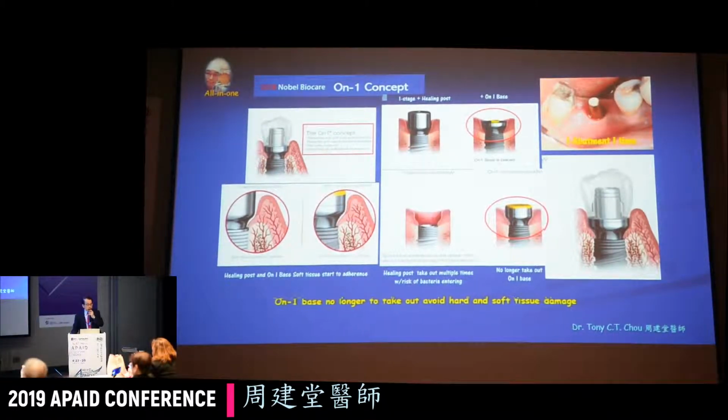And they conclude that this could avoid damage to the hard tissue and the soft tissue surrounding the implant site, and they said it could get better results. This is the same concept as one abutment one time.